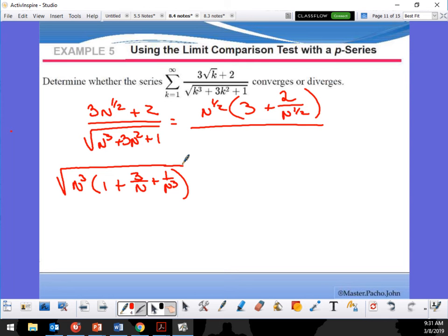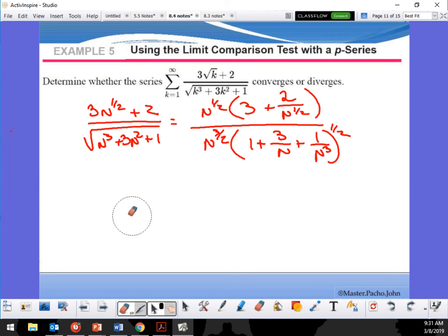So now I could write this out with the exponent of 1/2. So this is now going to be n to the 3/2 parentheses 1 plus 3 over n plus 1 over n cubed to the 1/2, like that. So I'm going to erase what we have right here.